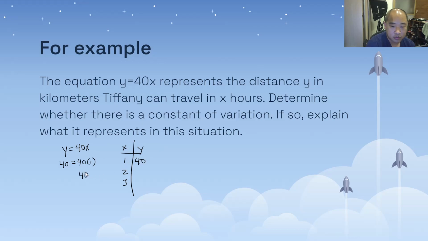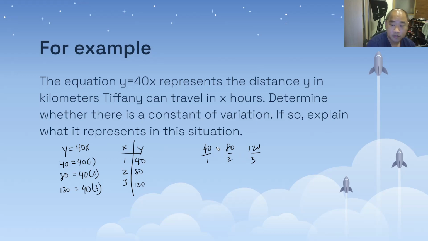Where x equals 2, it's 40 times 2, which is 80. And 40 times 3 is 120. So are these equal to each other? 40 over 1, 80 over 2, 120 over 3?